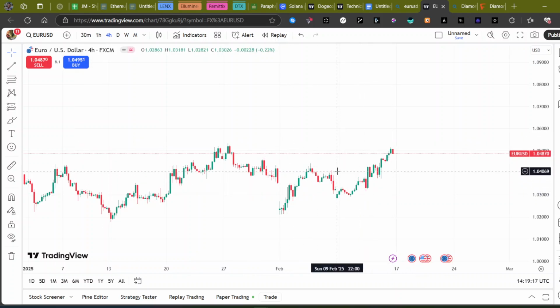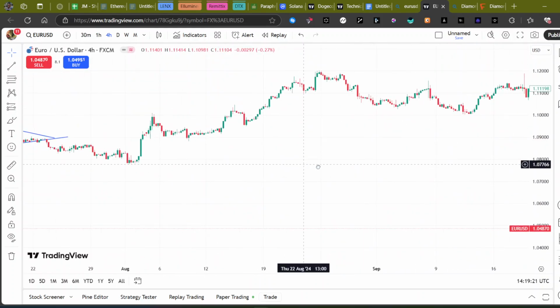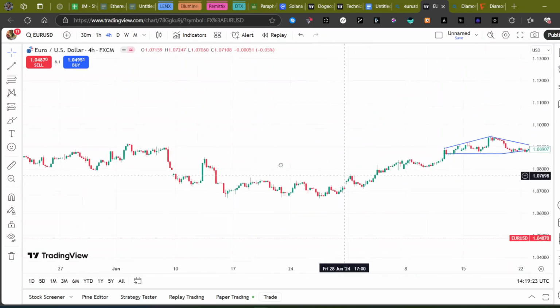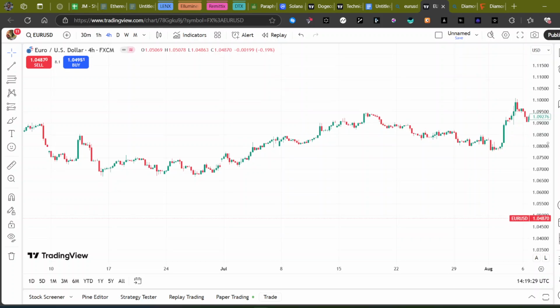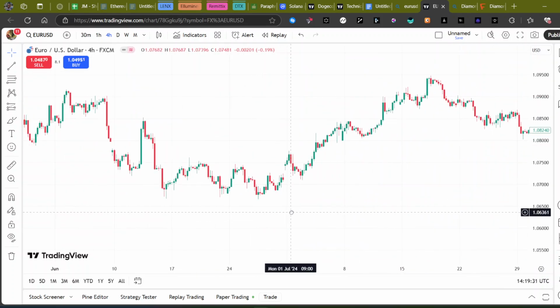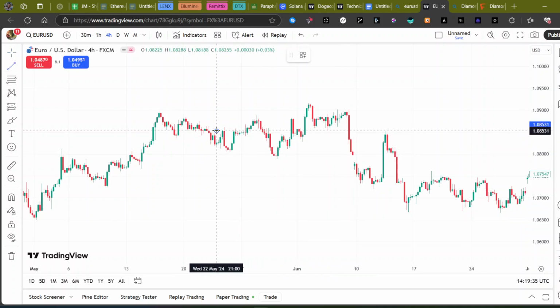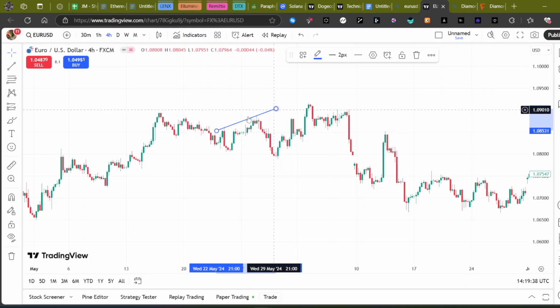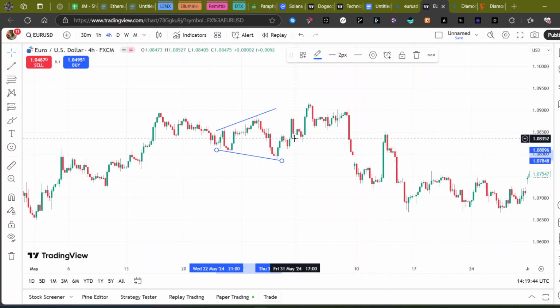You're going to see higher highs and lower lows on the chart. We can see we have higher highs here, and lower lows. So that is the first step. The price will make higher highs and lower lows, expanding the range.